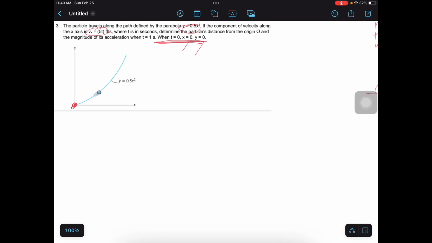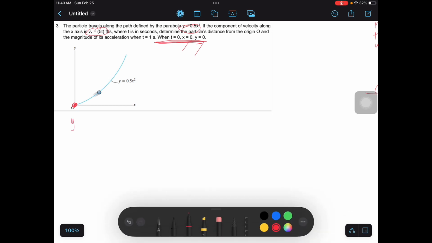So, where do we start? Like I said, it's best to go to the function. It's a given function, which is y equal to 0.5x squared. So, you have a given position. What does this y mean? This is your position along the y-axis.